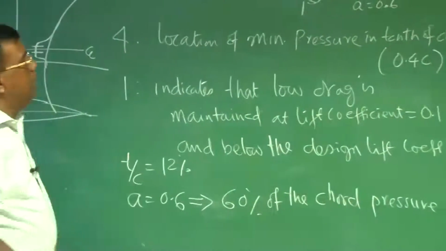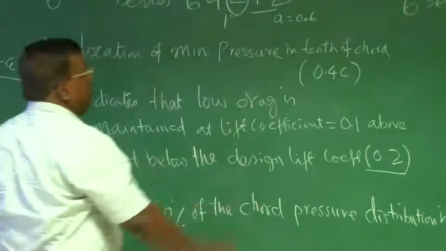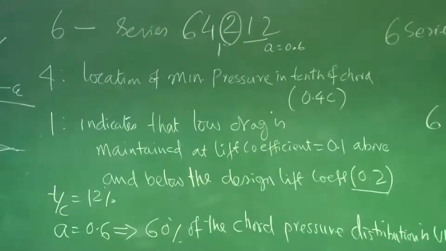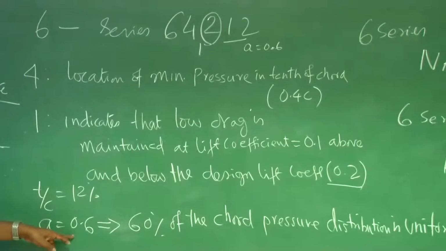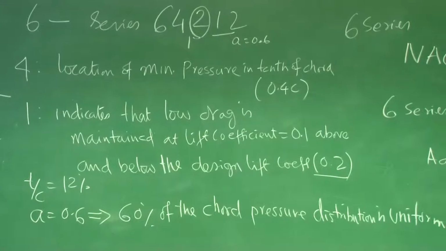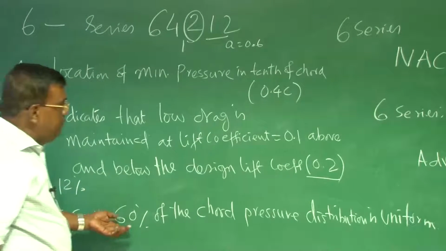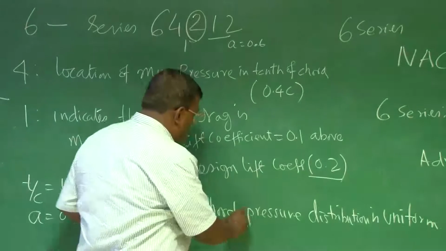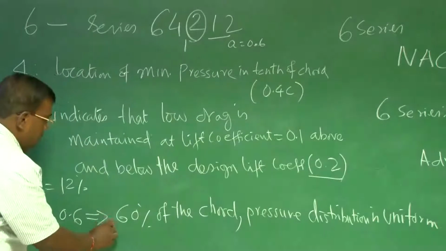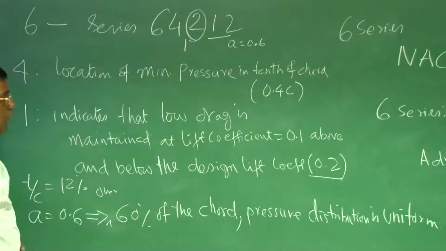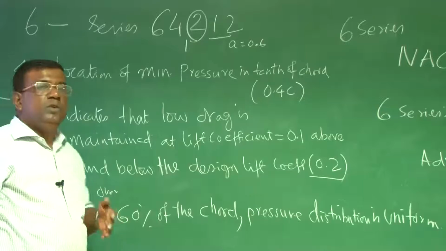T by C max is 12%, and also A equal to 0.6. This is also additional information you get from a 6 series nomenclature. It tells you that over 60% of the chord, the pressure distribution is uniform.